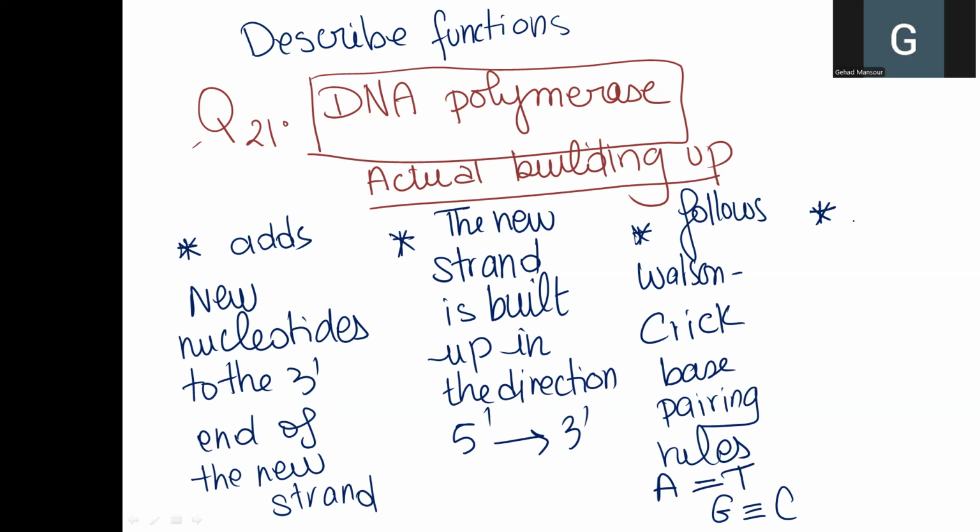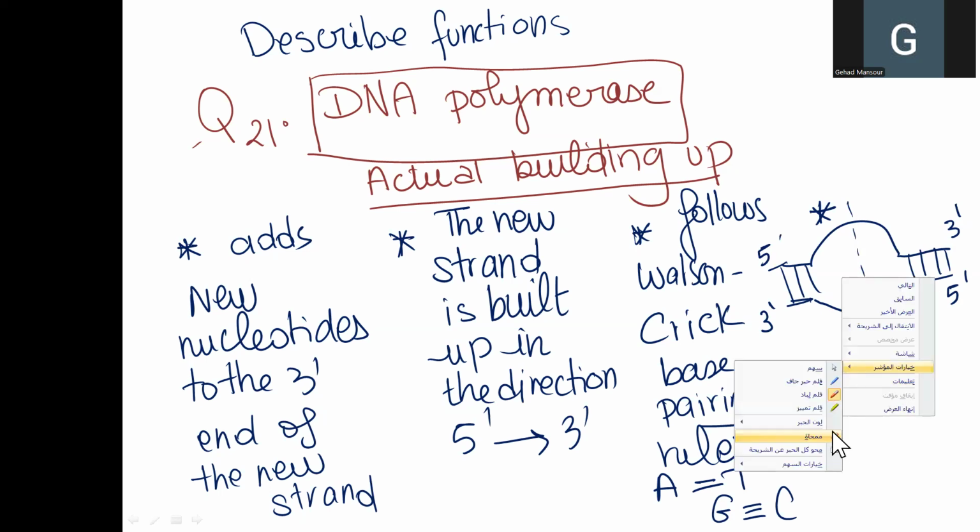One of them will be built in one shot, and the other strand will be built in segments. So, for example, if this is the replication bubble, and if this is the direction 3 prime 5 prime for the original strand, and 3 prime 5 prime to the other original strand, and if this is the level of the origin of replication, then it will build the first strand.